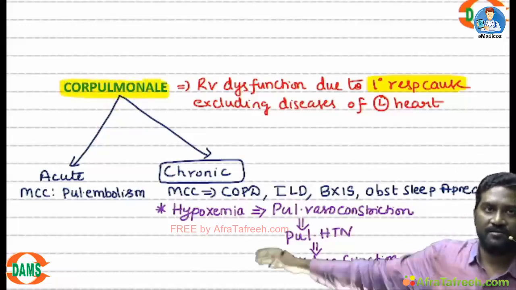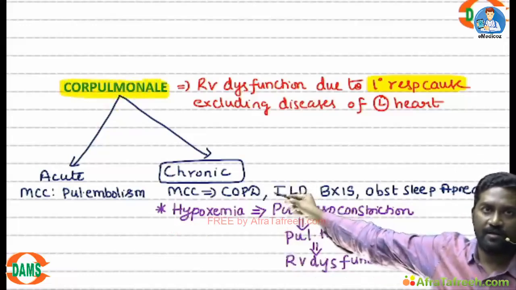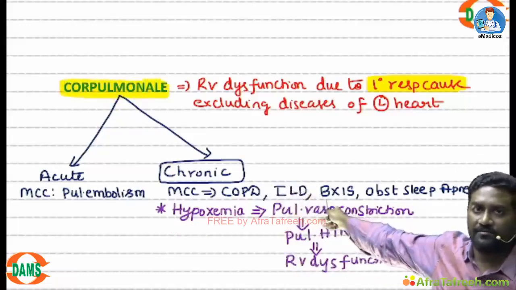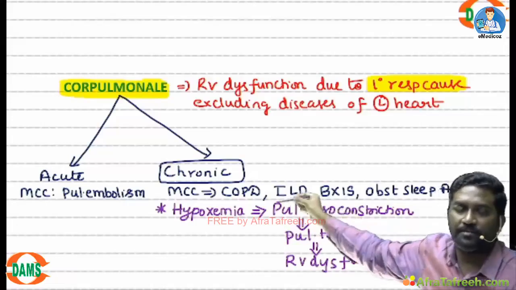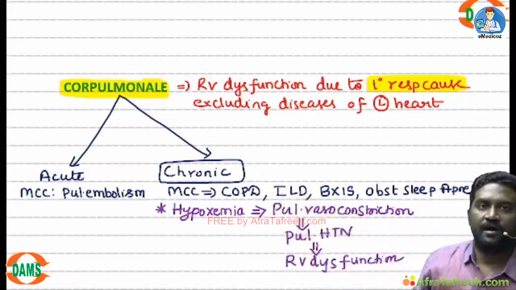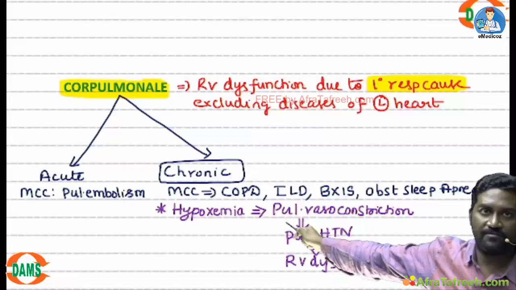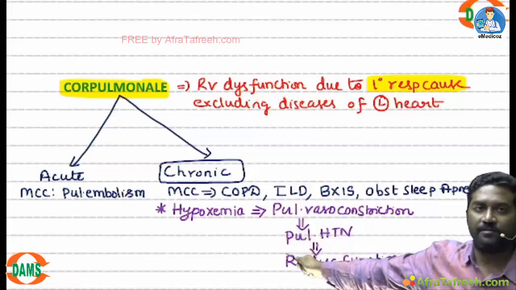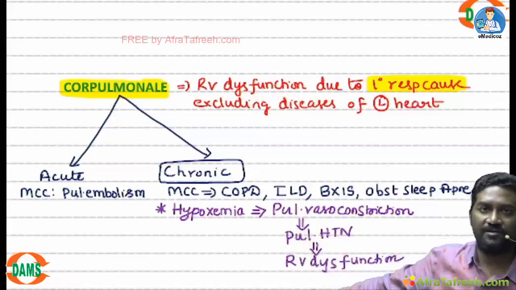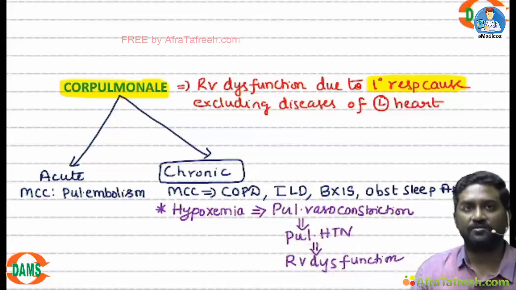Chronic respiratory diseases such as COPD, ILD, bronchiectasis, obstructive sleep apnea cause long-standing hypoxemia. Long-standing hypoxemia can cause persistent pulmonary vasoconstriction that results in pulmonary hypertension and right ventricular dysfunction due to a respiratory cause.